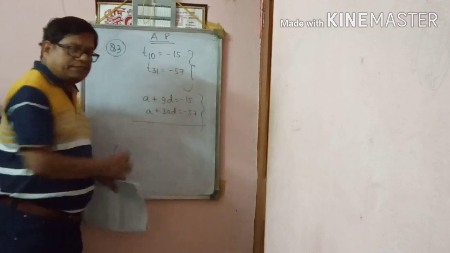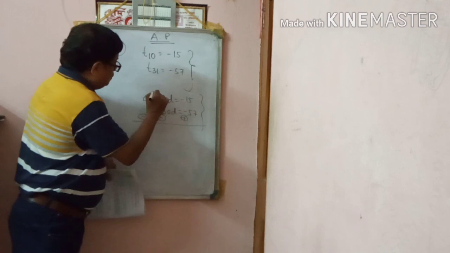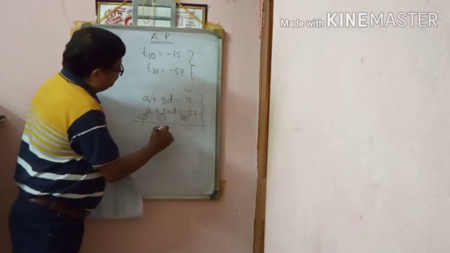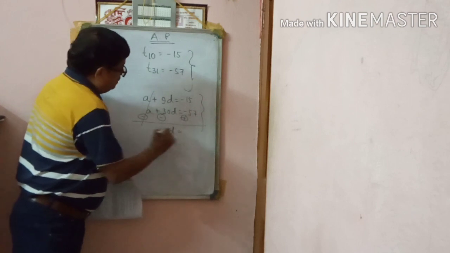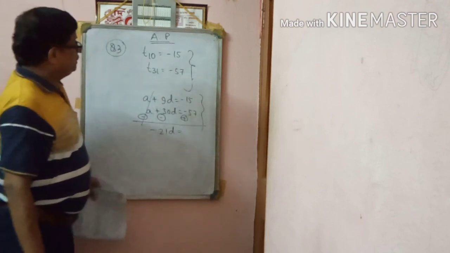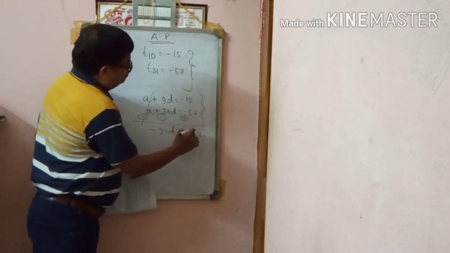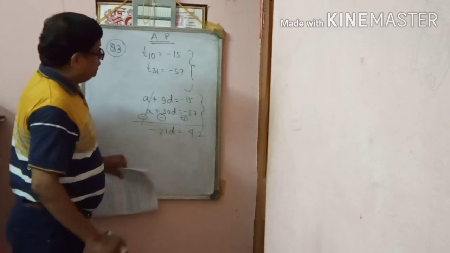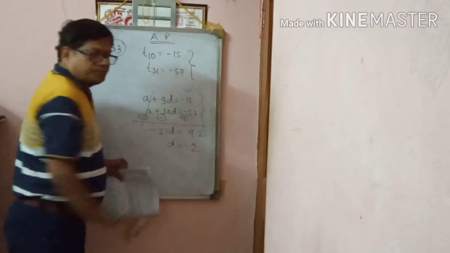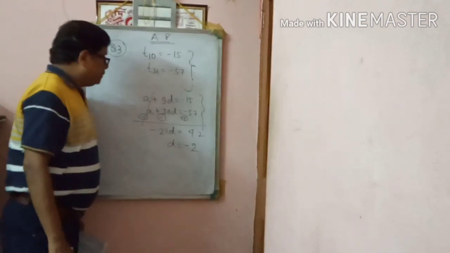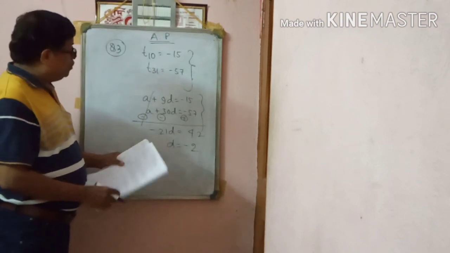You have to subtract these relations. A cancels, so it will be minus 21D equal to 42. So D equals minus 2, the common difference.